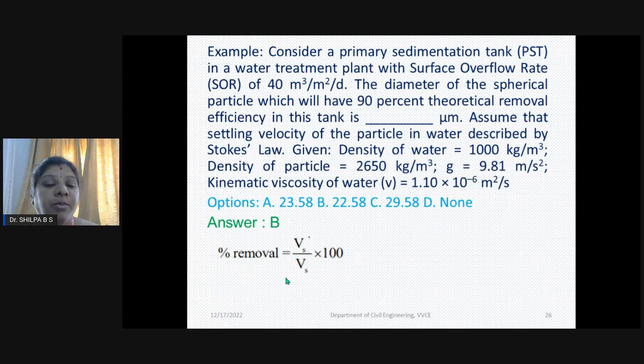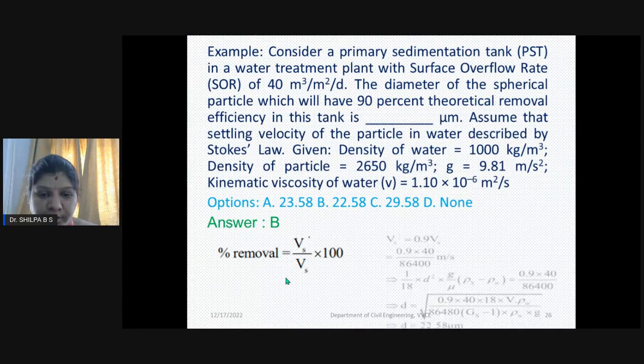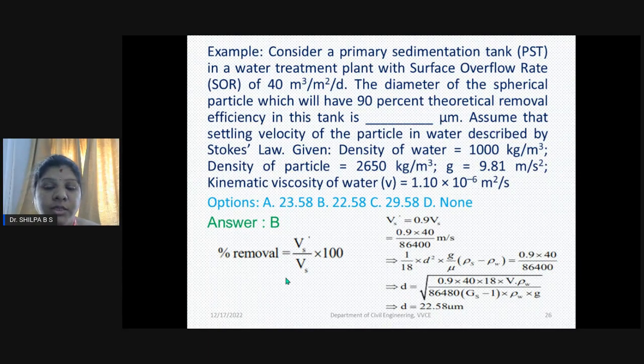So here the percent removal is Vs dash by Vs into 100. Okay, so where Vs dash we can take as 0.9 of the Vs, because here they have given that the diameter of the spherical particle, which will have 90% theoretical removal efficiency.